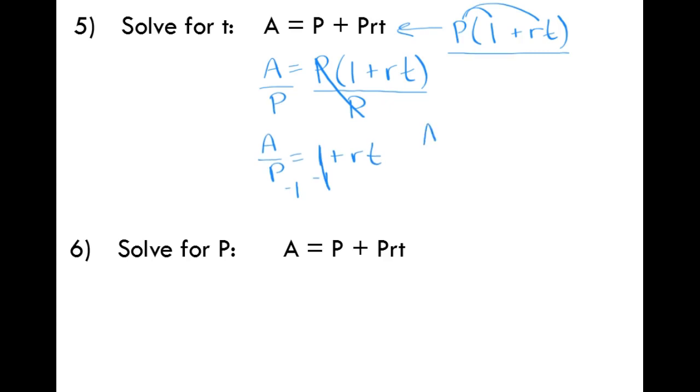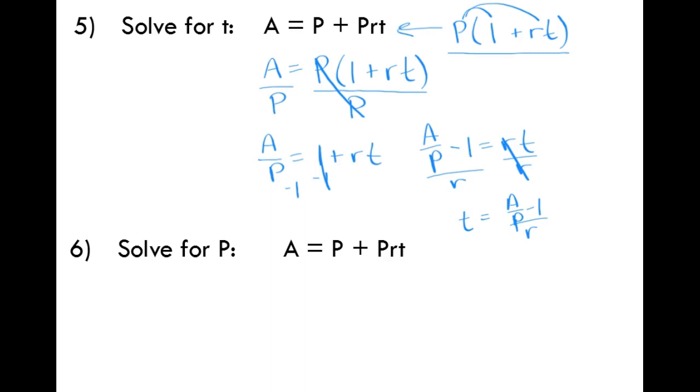And then I get a over p minus 1 equals rt. And then you can divide by r. And this one's a little ugly looking, but it is right. T equals a over p minus 1 over r. And I'm pretty sure there's probably a better way to do this one if I did it a little differently.